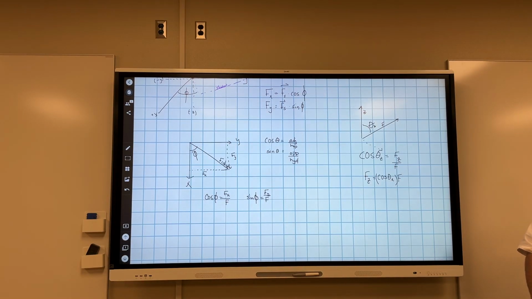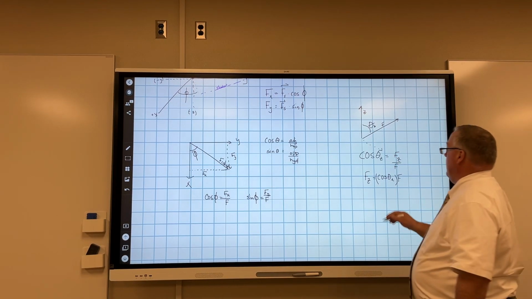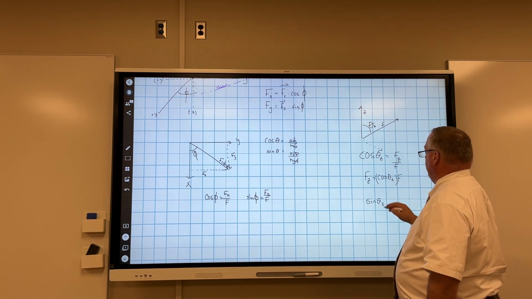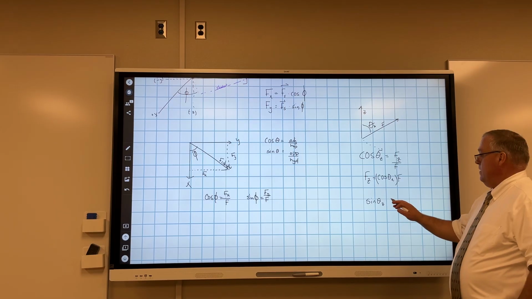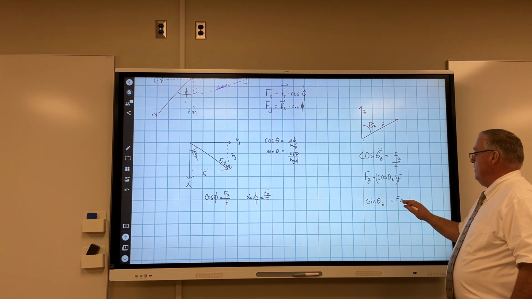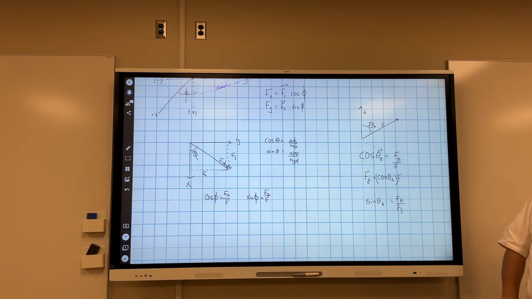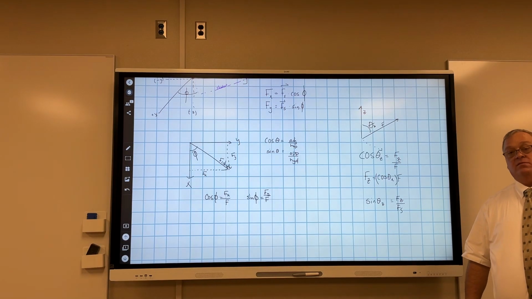Okay, so could we not say that the sine of theta Z is equal to F Z over F of the shadow? All we've done is a trig relationship there. Remember, the cosine of one angle with respect to this axis is equal to the sine of the other angle with respect to the opposite axis.